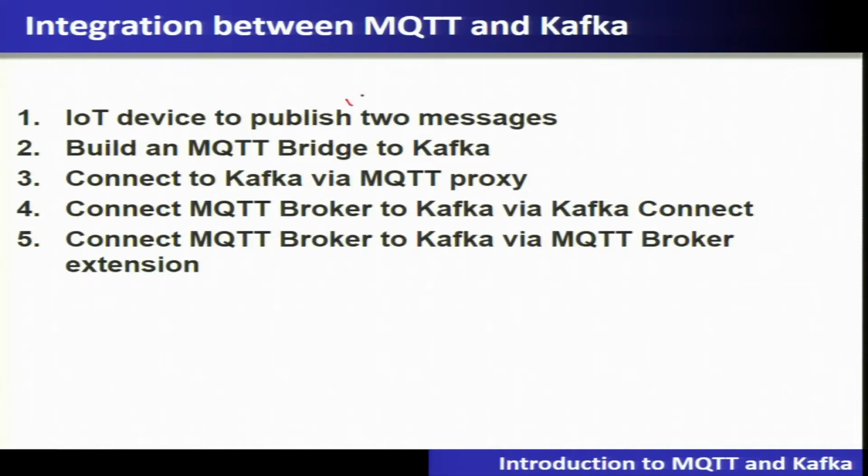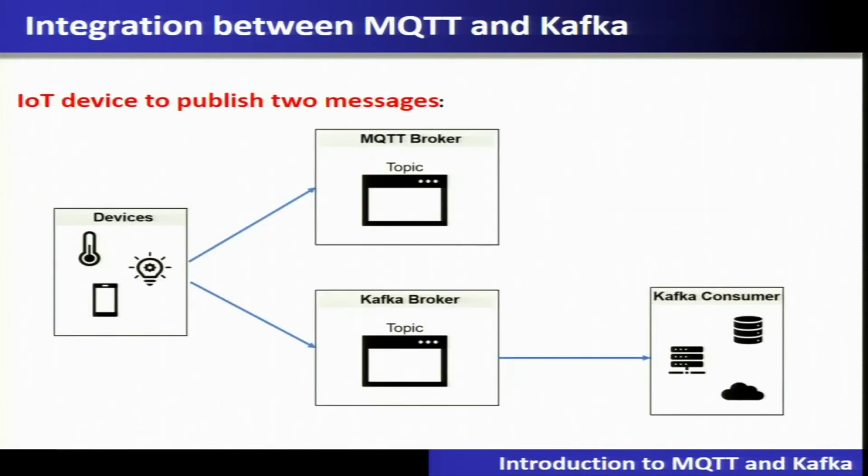Let us see that for IoT devices to publish messages, we have to build an MQTT bridge to Kafka. Let us say an IoT device publishes messages, and you keep both an MQTT broker and a Kafka broker. Then the message has to be copied to both the MQTT broker and Kafka.